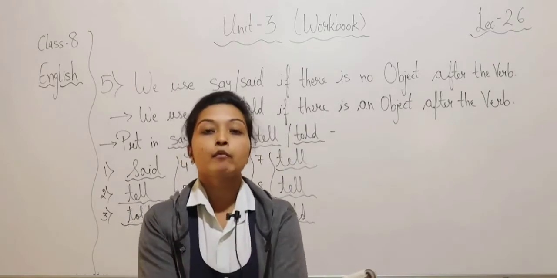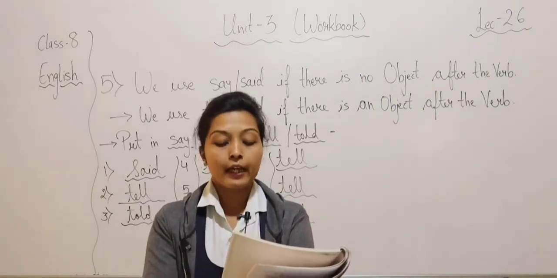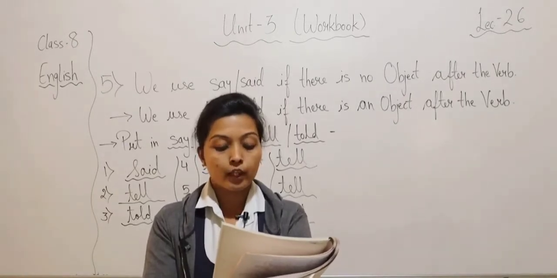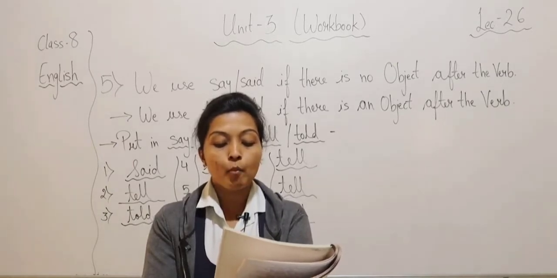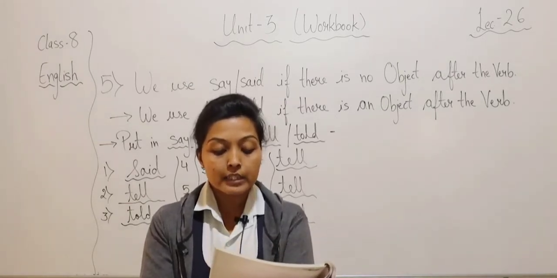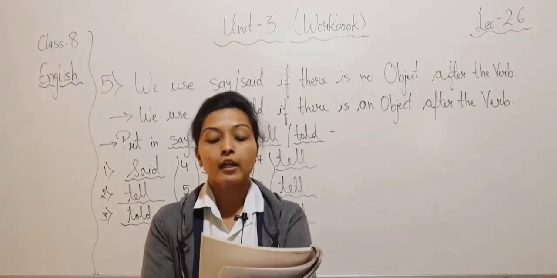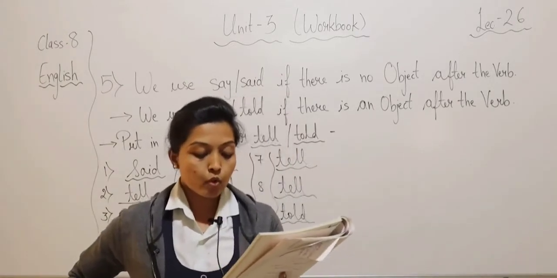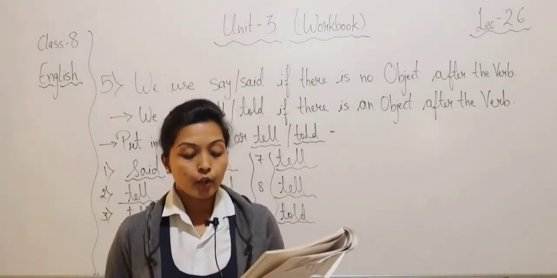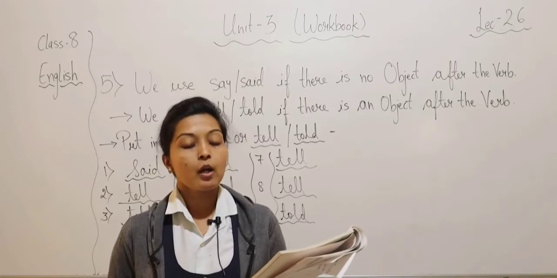Thus, we change V1 to V2, V2 to had plus V3, is, am, are to was, were, has, have to had, do, does to did, will, can, may to would, could, might. See, in this sentence, Mohan said, I have no money in my pocket. Here the reporting verb said is in the past tense, so it becomes he had no money in his pocket. Okay.